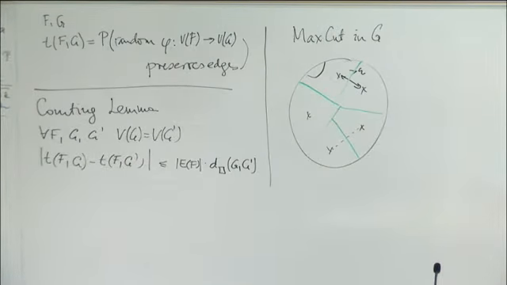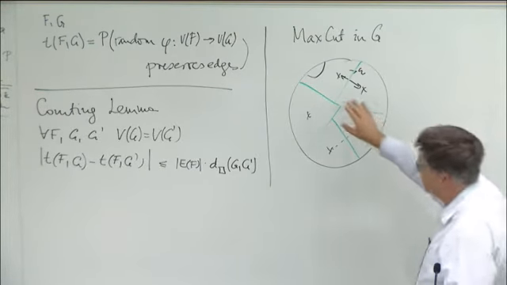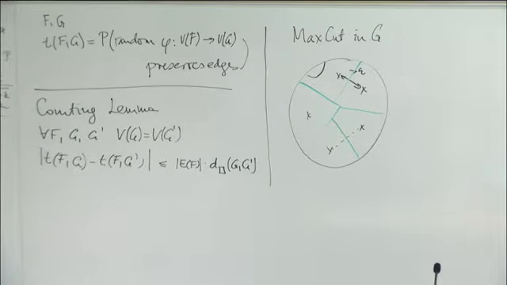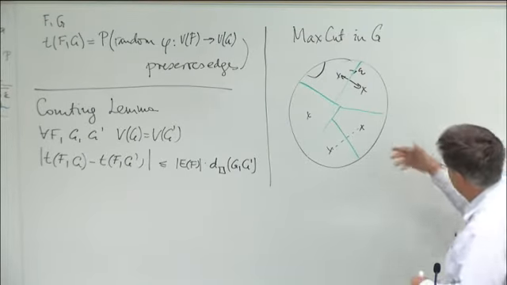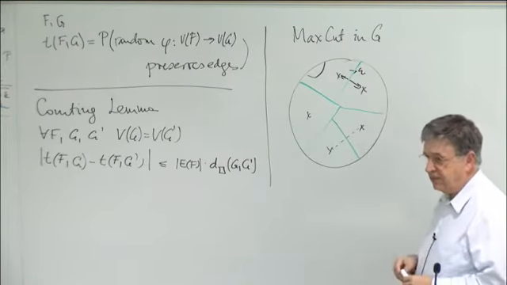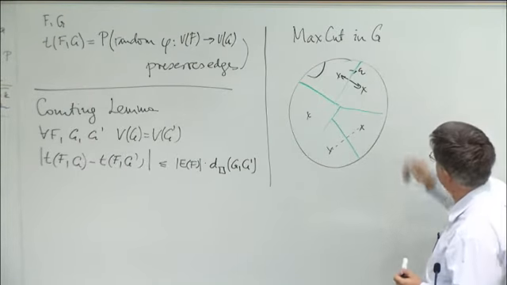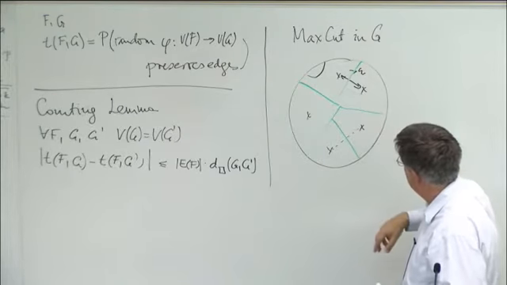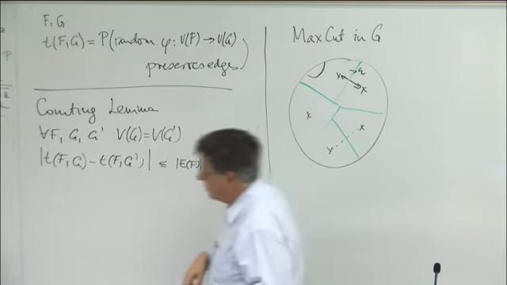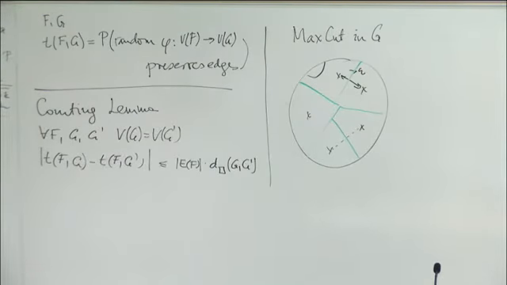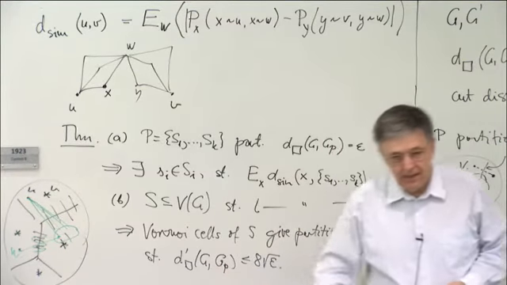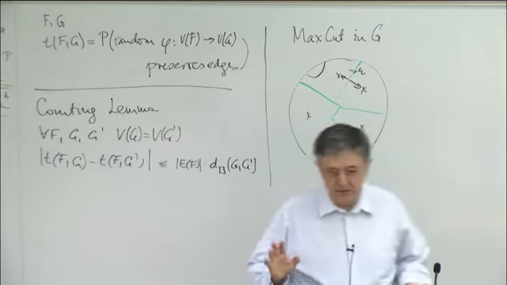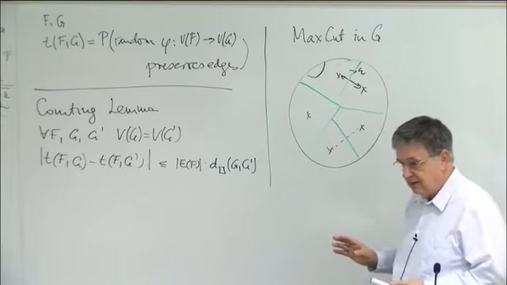So we can compute these densities. I mean, this is not very efficient here, but I only care about finite computation at the moment as a function of epsilon. So you can compute these densities, which means that basically you will know this graph G sub p, and then in G sub p it's easy to compute a maximum cut.